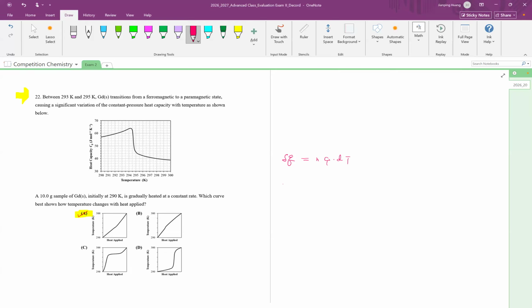So that I get dT, delta Q equals 1 over nCp.